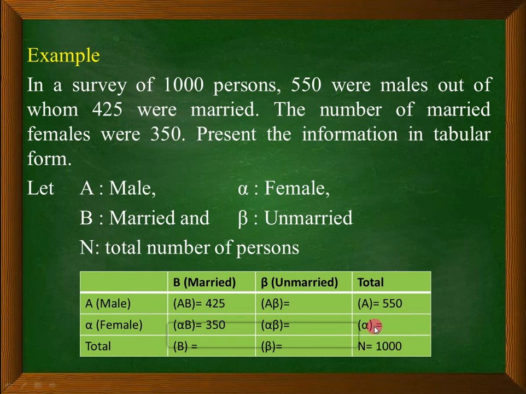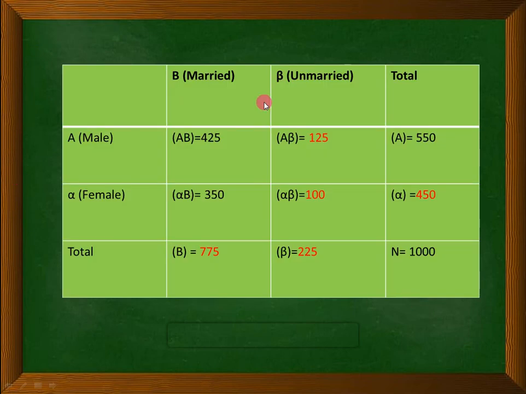Now frequency of alpha, that is total number of female, is obtained by subtracting total number of males from total persons surveyed, that is 1000 minus 550. Similarly, frequency A beta, that is total number of unmarried male, is obtained by subtracting total number of married male from total number of males. So we have obtained these frequencies.